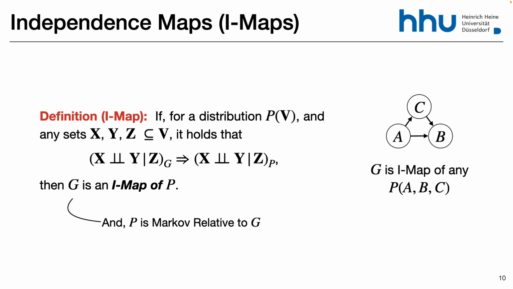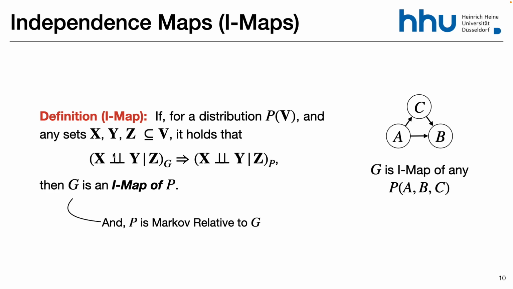Because of this, the graph is called an IMAP, because this is holding, right? There is no implication, so there's no way to violate it. Since there's no independence between the variables A, B, and C, this is true for any probability. There's zero implication, so I can never make this wrong. And that's why G is an IMAP.